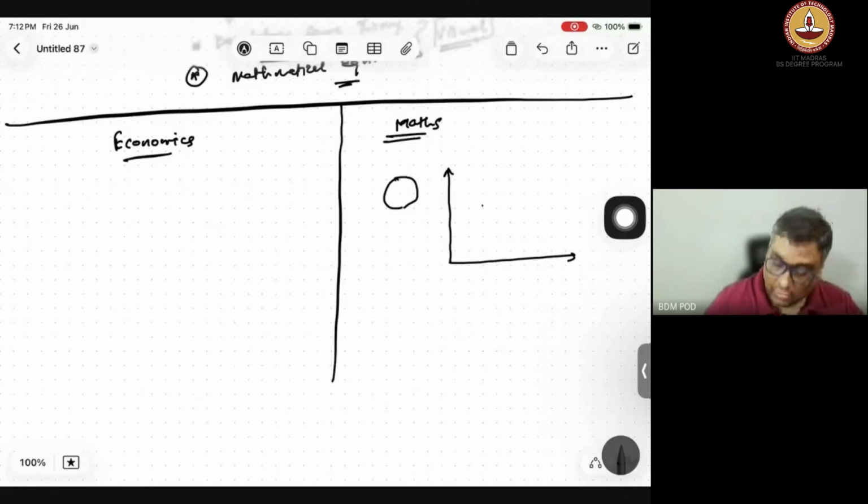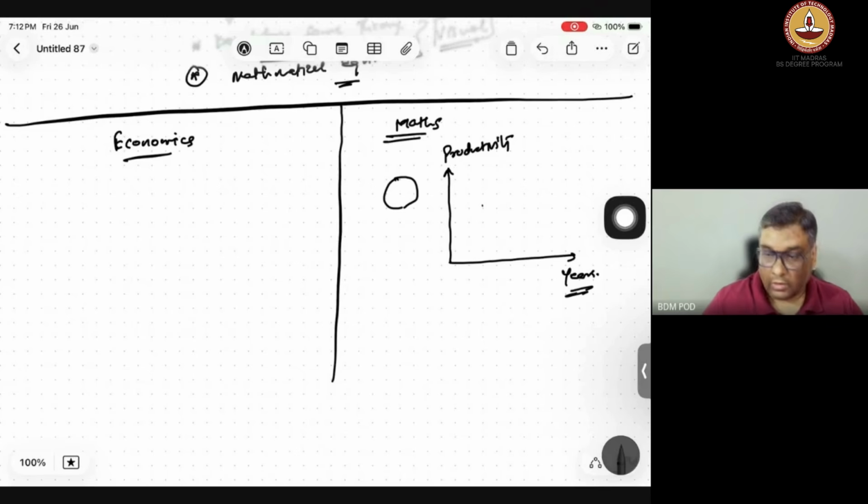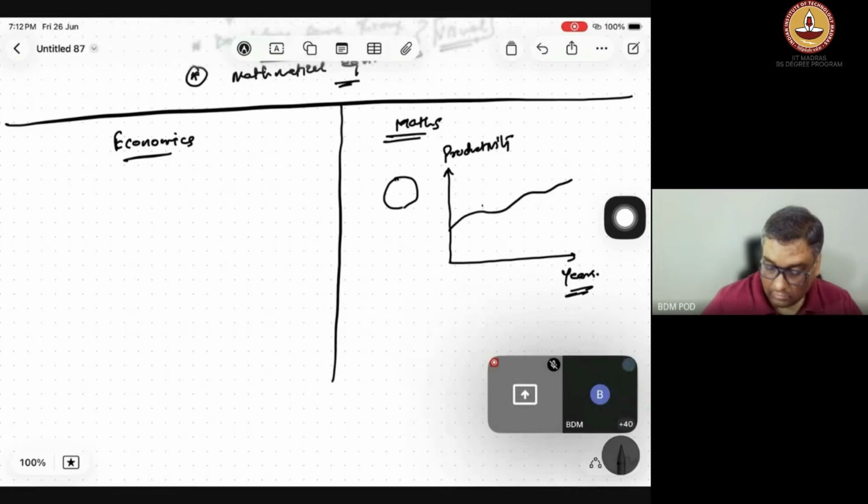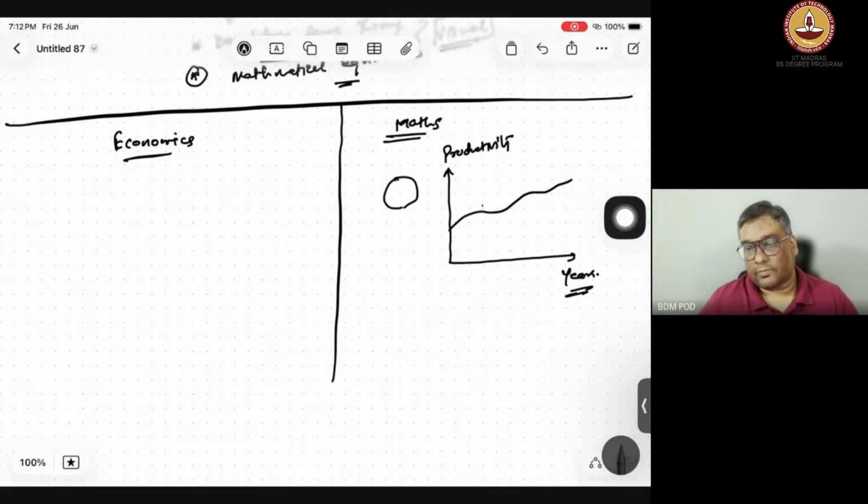Based on the developed theories or developed model, right, you are going to put in data and see how it comes out, right? So in that sense, if you are going to see the productivity of your land with respect to years, here you are getting some plot. Suppose the plot is coming like this.